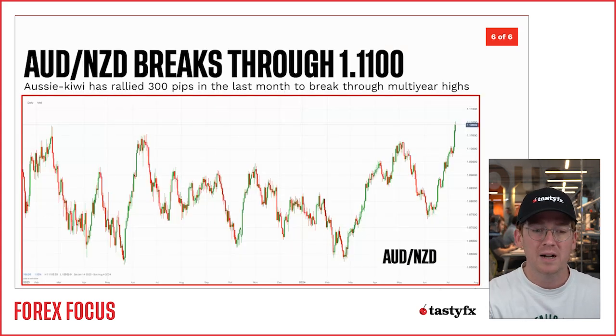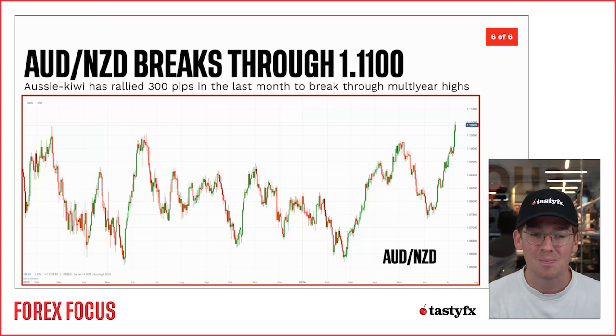Let's finish though by digging into that Aussie Kiwi, because this is one that is on a hell of a run the last month, up 300 pips from trading below 108 to just recently in the last day or two of trading, got up and touched 111 and is now just trading just below 111 here, depending on when you're looking at things.